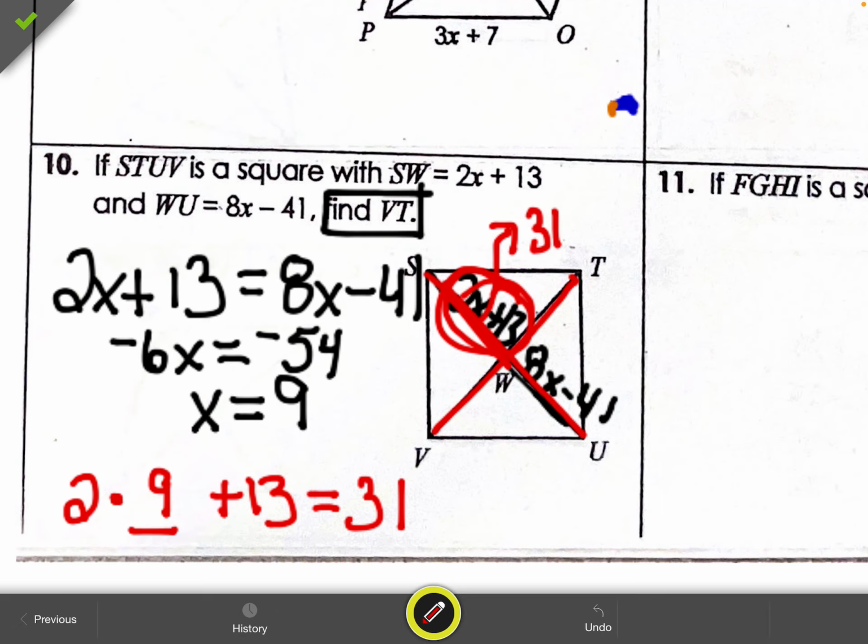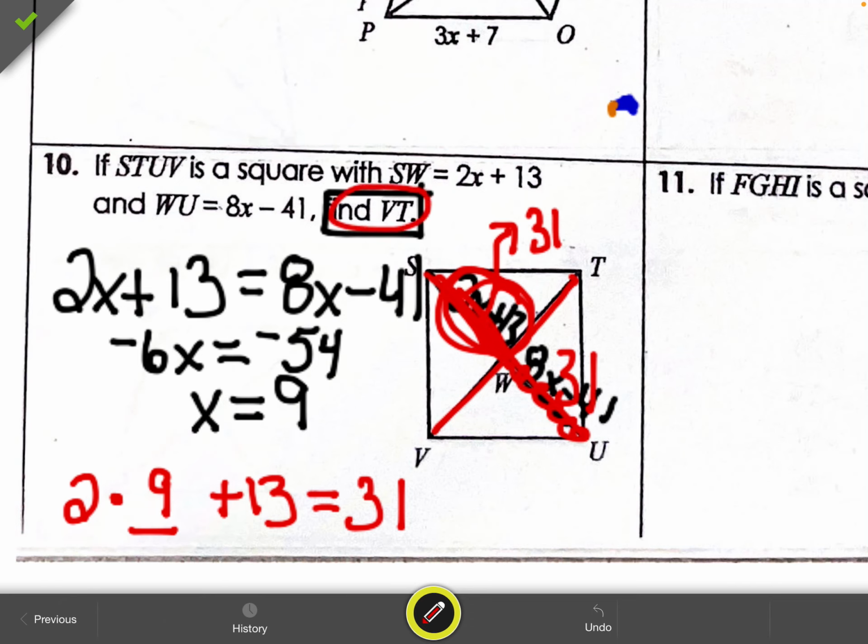Now, you can plug into 8x minus 41, 8 times 9 minus 41, but you also probably should be able to skip that because you know if this piece is 31, then you know that this piece is also 31 without plugging in. If you forget that, you can plug in, you'll get 31.